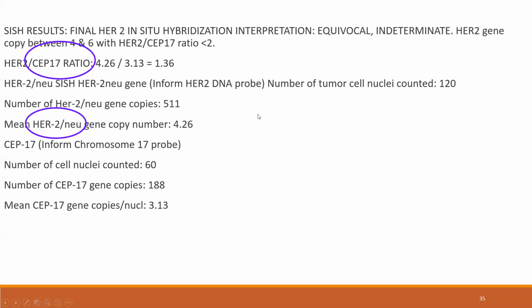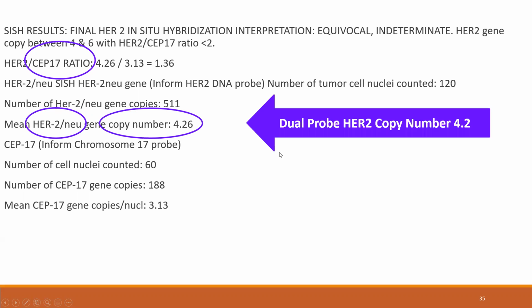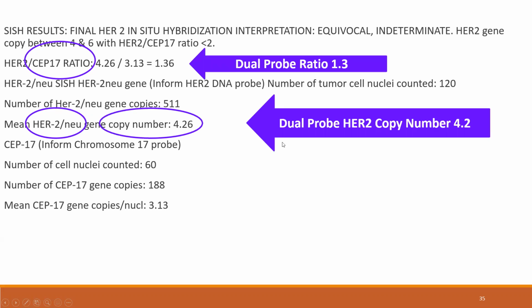So now we need to look for the copy number of the HER2, which is 4.26. And we have the ratio of the 1.3. Remember, we're not rounding up, so we're going to drop that 6 off of here, and we would code the HER2 copy number as 4.2, and our dual probe ratio would be 1.3.